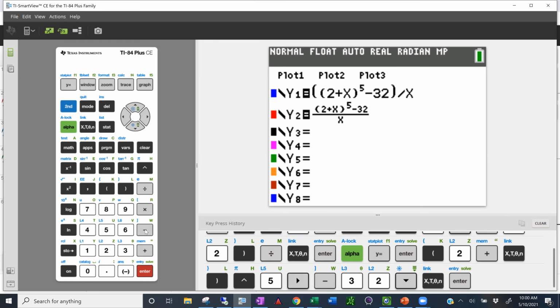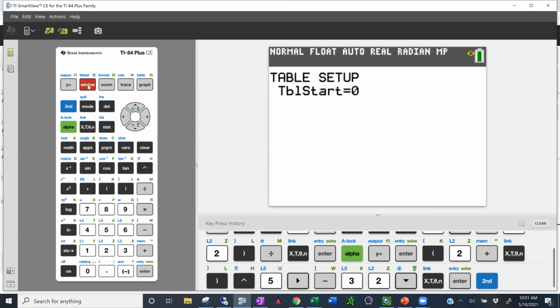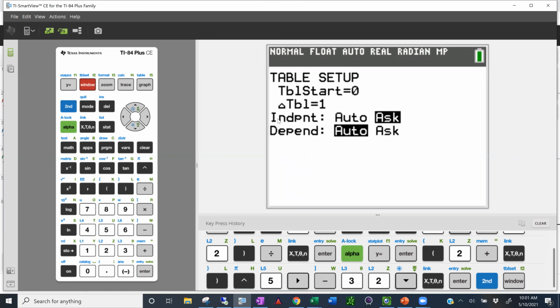Regardless of which way you put that in, one thing that I want you to do is make a settings change to your table setups. So follow me here. Hit the second key, then the Windows key, and scroll down to this third line down here and set independent to ask.